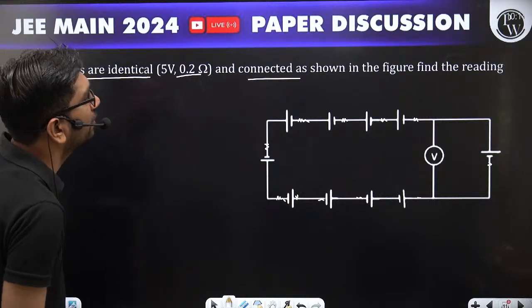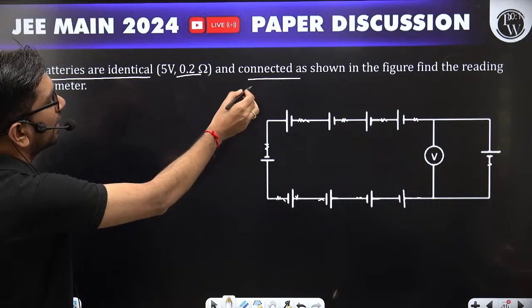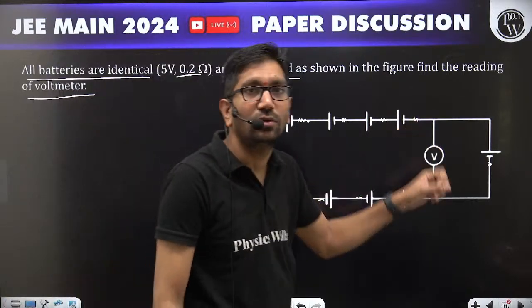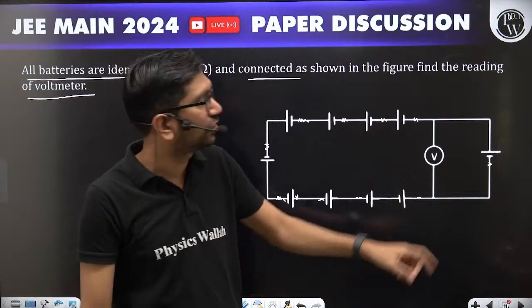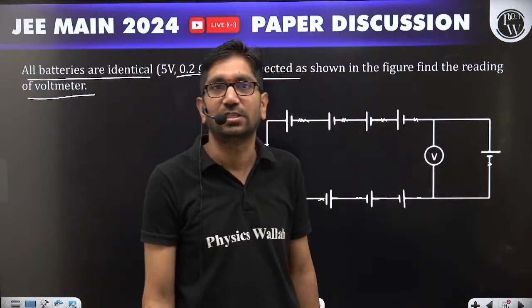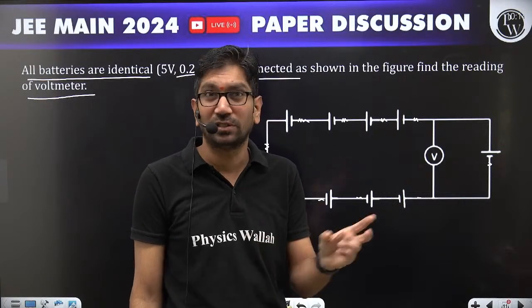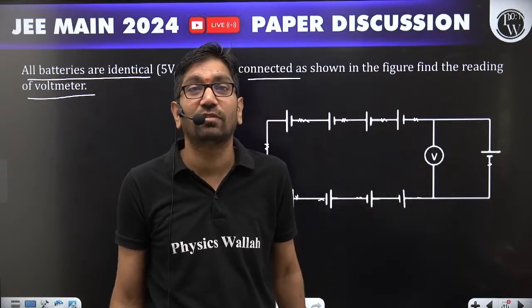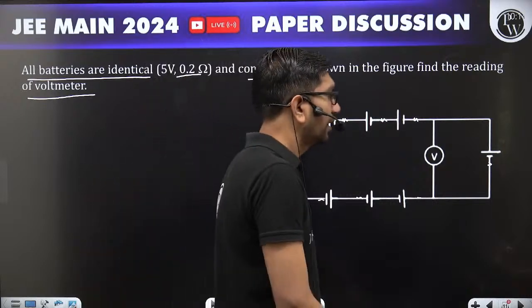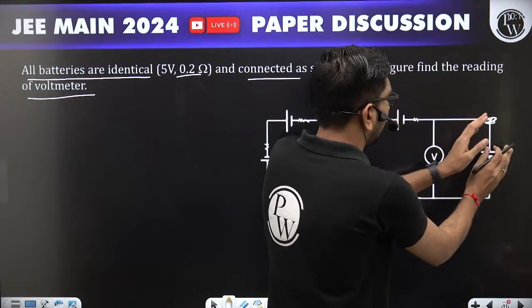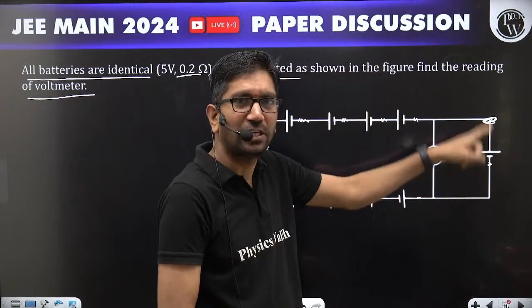You have to find, with the cells connected as shown in the figure, the reading of the voltmeter. So you have to find the voltage present at these ends. Generally we know that a voltmeter always measures the potential difference between two points, right? So you need to calculate the potential difference between these two.